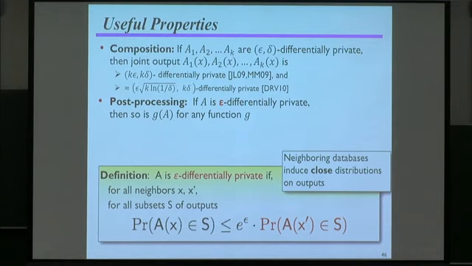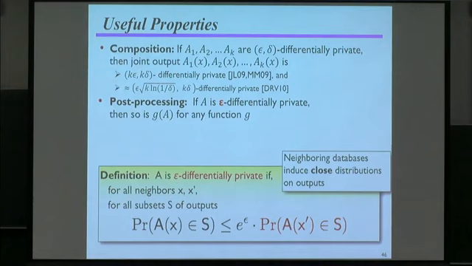Okay, so another property that this definition satisfies is post-processing, which means the following thing. If I've got an algorithm which is differentially private, then anything I produce from the output of the algorithm is also differentially private. So all it says is that this measure of information leakage we're using doesn't increase in weird ways when you do things with the output, which is, on one hand, a very logical statement.